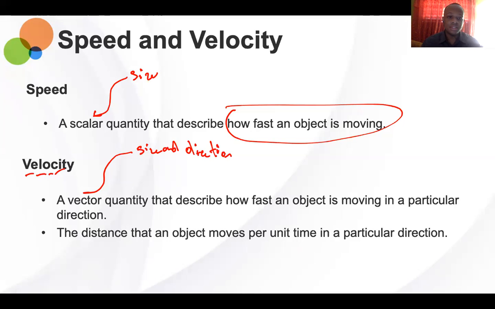The velocity is essentially the distance that an object moves per unit time, and we'll see this coming up, just trust me. We must always have a particular direction whenever we're dealing with vector quantities.